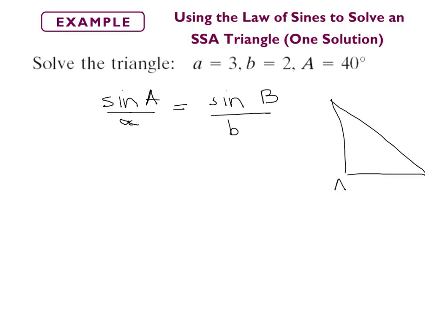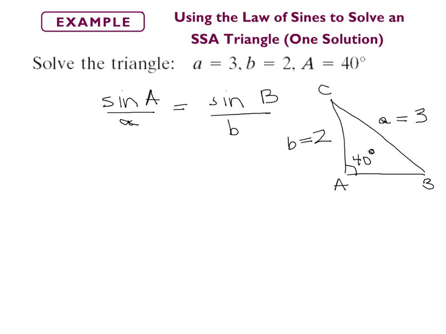I'll make this A, B, C. So small a is equal to 3. Angle A is equal to 40. Really bad triangle, definitely not to scale. And side B is 2. All right?